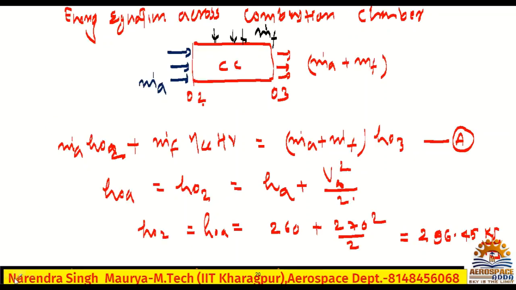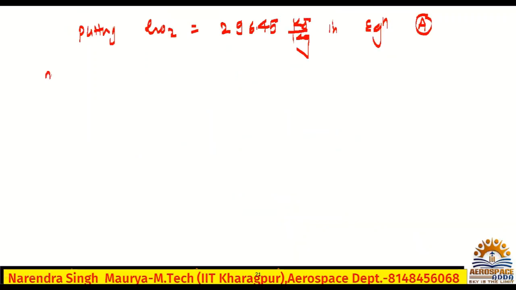Check. M dot A into H naught 2 is 296.45, 10 to power 3 better I will write, plus M dot F.